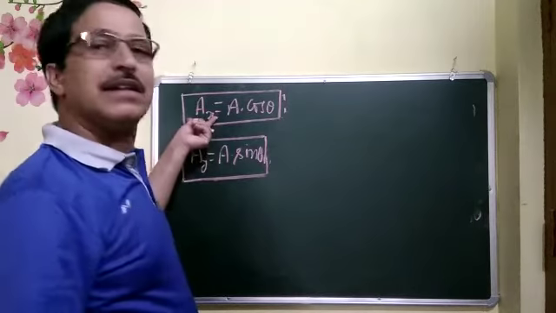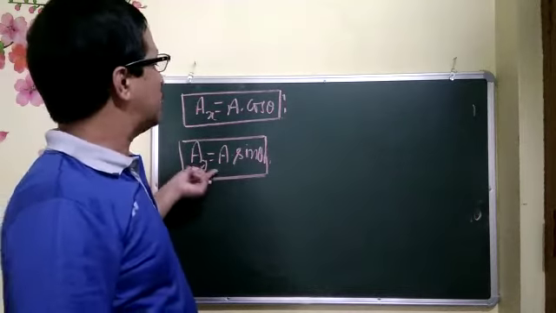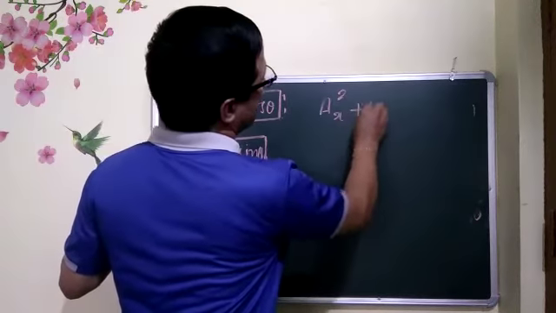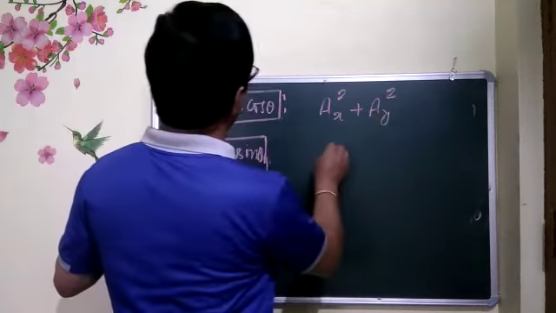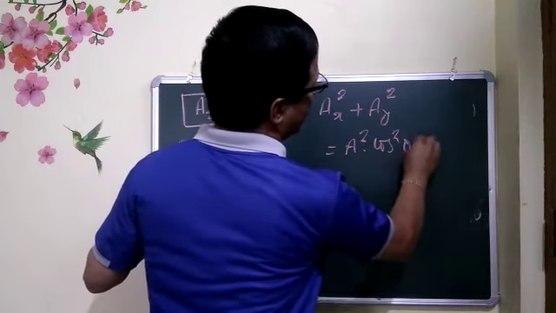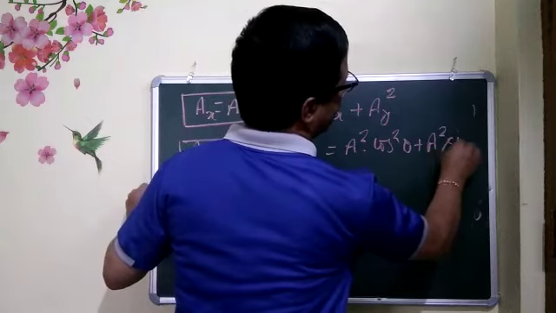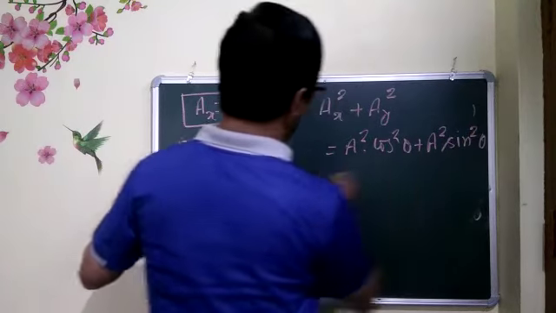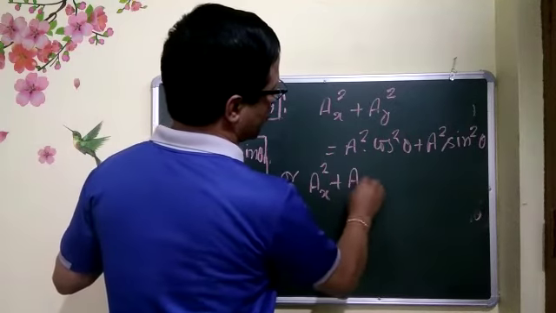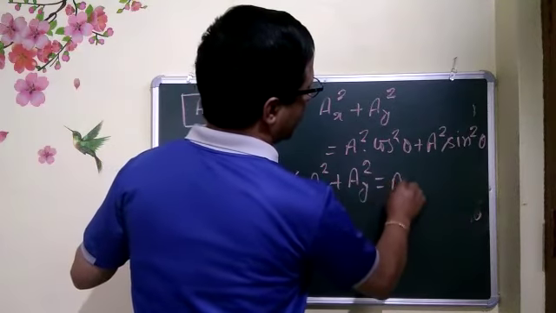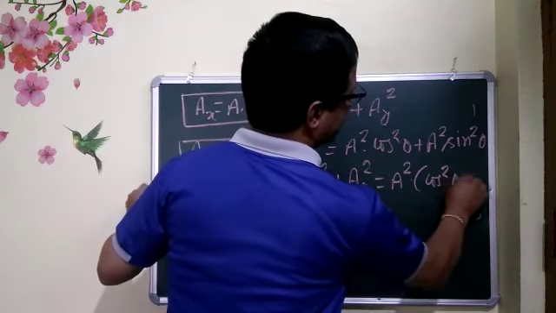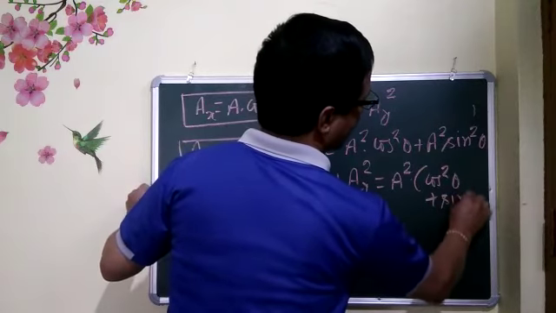If we square and add these two equations, we get ax square plus ay square equal to A square cos square theta plus A square sin square theta, or ax square plus ay square is equal to A square taken common, cos square theta plus sin square theta.